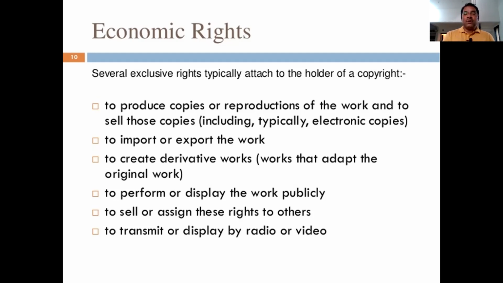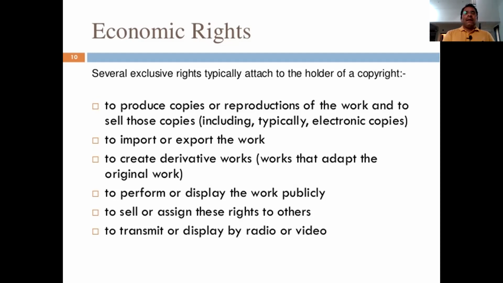That book has now been converted into a movie, which is given the same name, Half Girlfriend. I think Boney Kapoor's son and Shraddha Kapoor are the cast in that film.